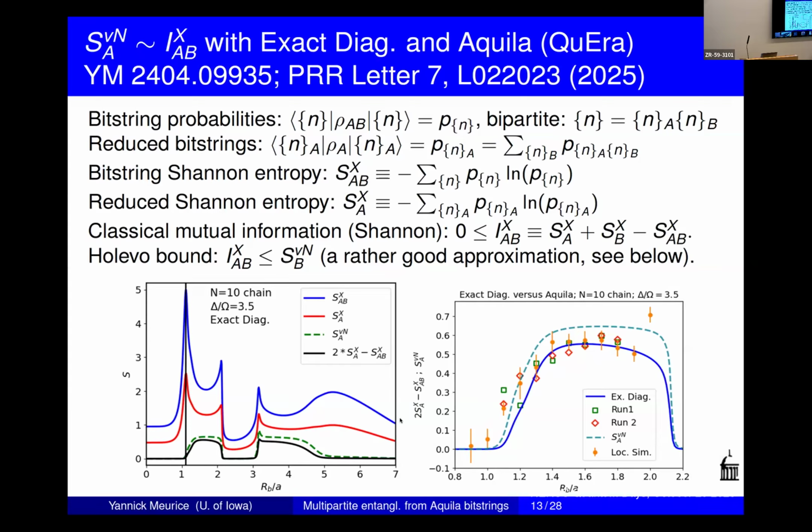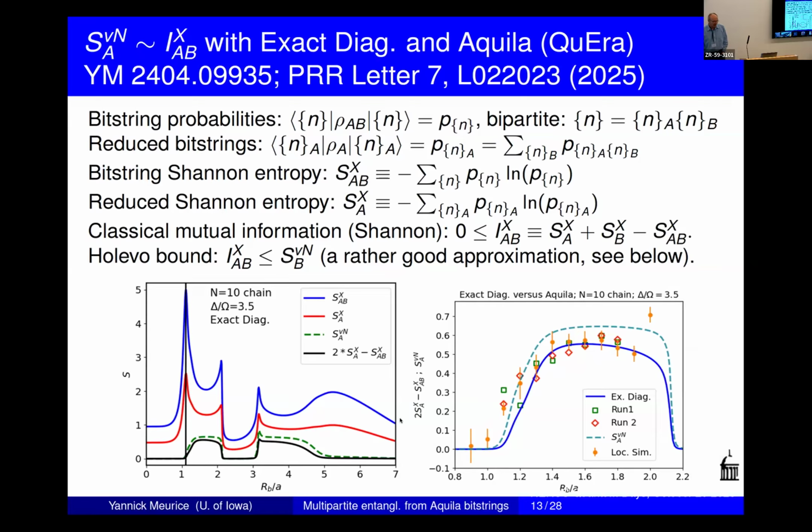I kept delta constant in a 10-atom chain, and I varied RB over A. I got 20 data points, which are the empty symbols, for $200, and 3 with the full symbols with the local simulator. You see that it's a pretty good estimation of the quantum von Neumann entropy. And it's dirt cheap.